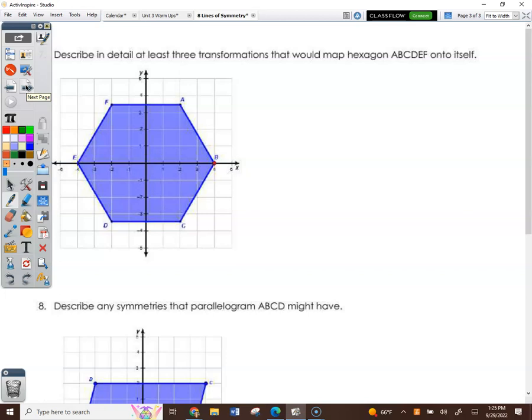The letters don't have to match. It's just that the shape has to match, okay? You will notice that it is exactly centered on the coordinate grid. So, tell me, are there any reflections? If so, what's the equation of the line? Is there any rotation? If so, what are the degrees? Write that out on your paper. Try it.